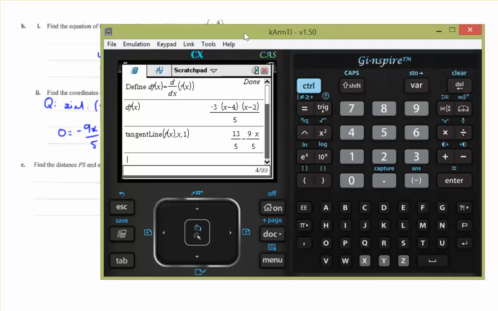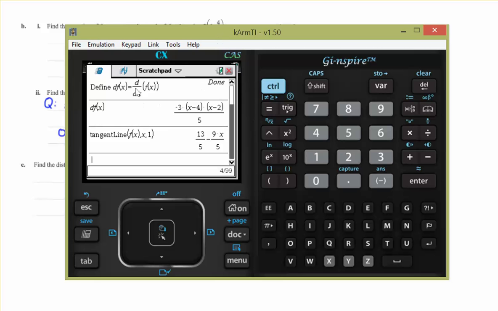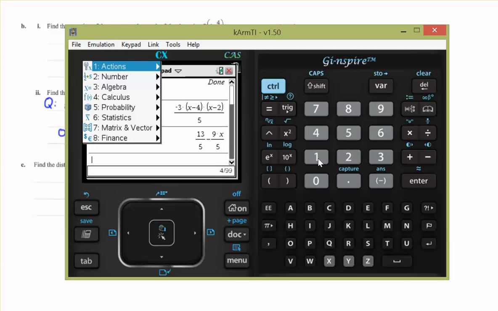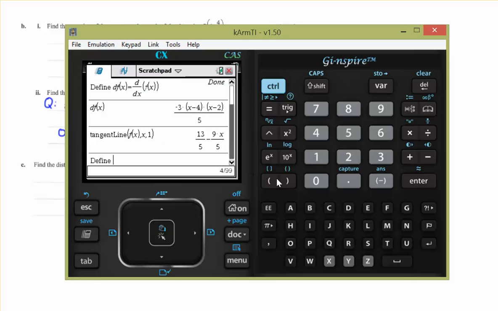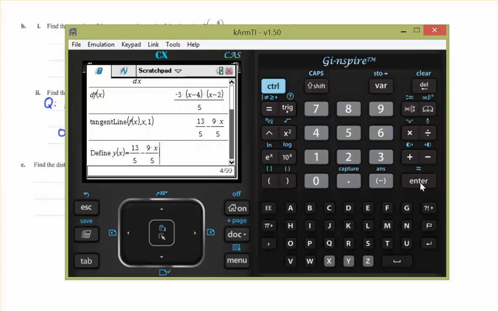Now, to solve that, because we're getting into the habit of defining functions, let's define our tangent. So we can go menu 1, 1, and we're going to define our tangent. Let's call it y. So y of x equals this stuff up here.